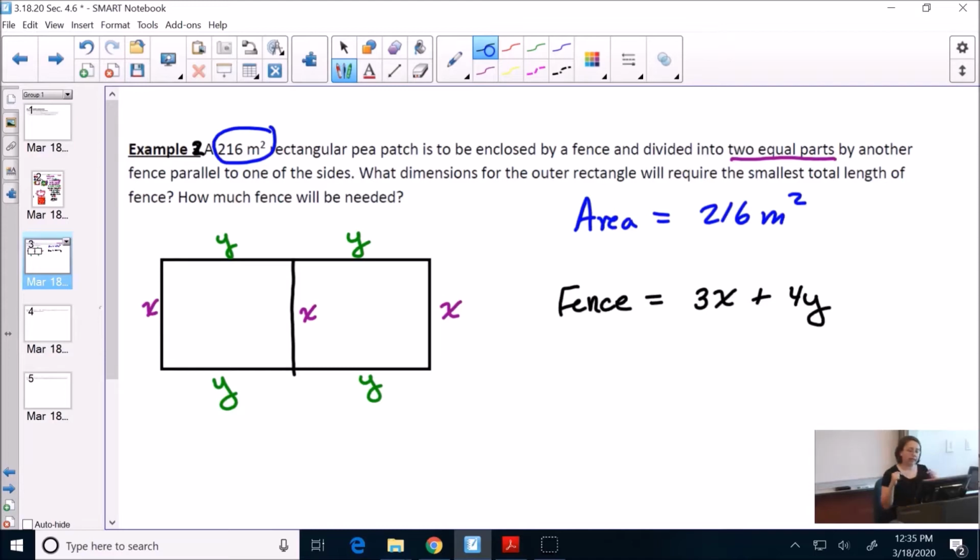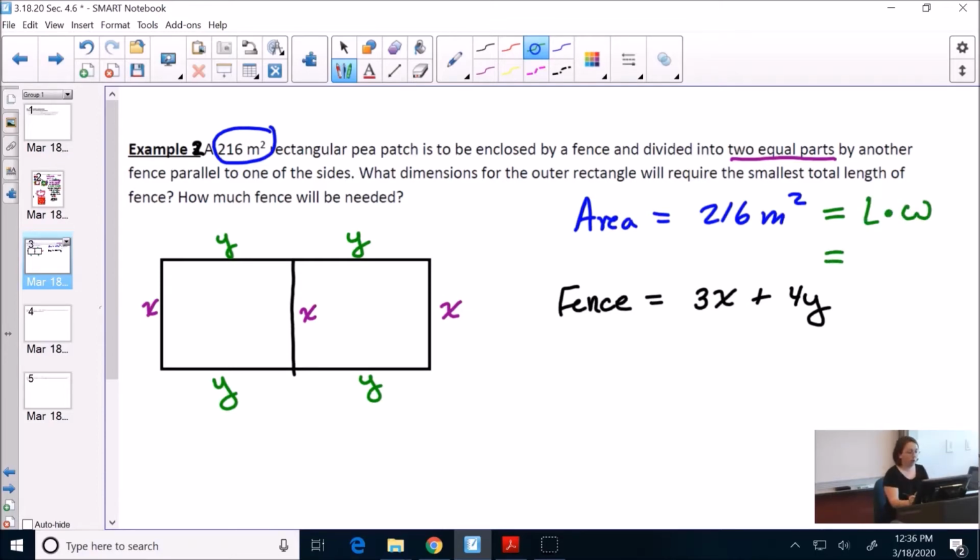How can I relate this amount of fencing to my area that I'm required to have? Create an area equation. How much area is inside of this fenced off region? We know it's 216, but can you write that in terms of X and Y? The area formula is the length times the width.